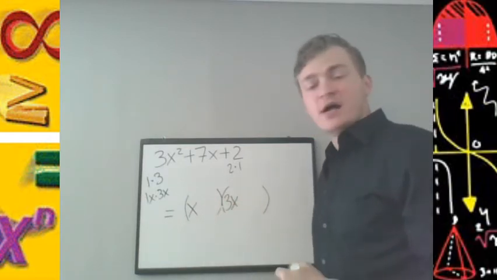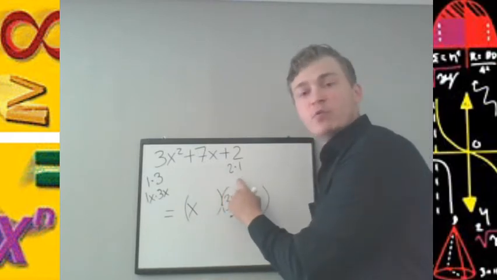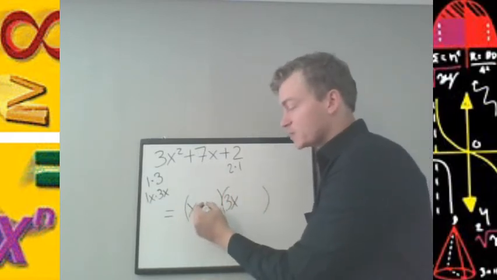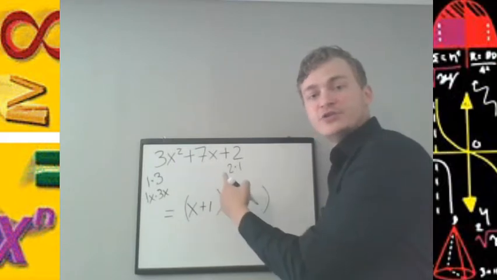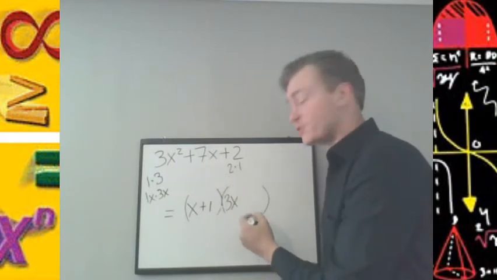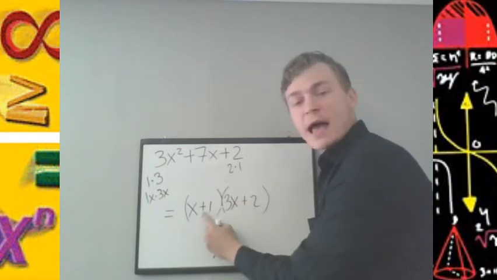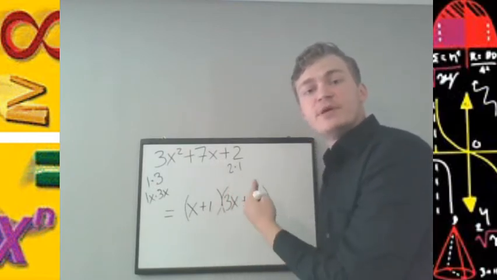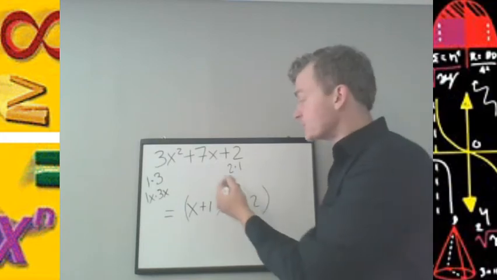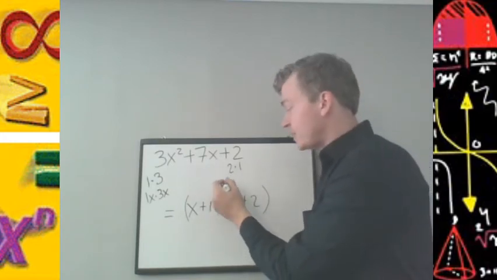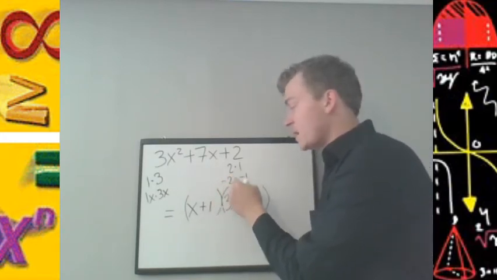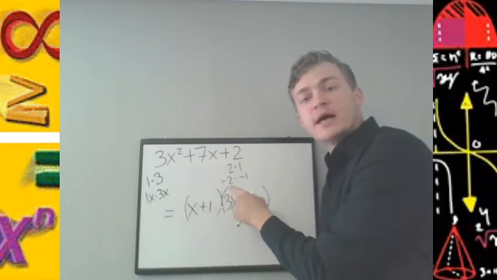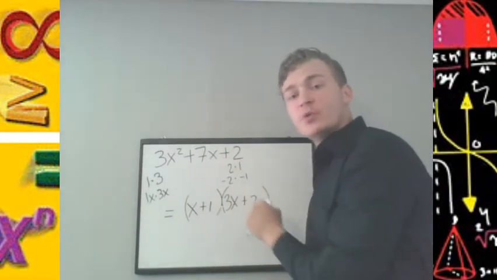Here, for example, let's start by using the 2 and 1 integers. Let's write here x plus 1, and now let's use the 2 here as 3x plus 2. Again, how do I know to use the plus signs there? This 2 and 1 is understood to be positive. Now, of course, I also can consider the possibility that negative 2 multiply negative 1 is also positive 2.